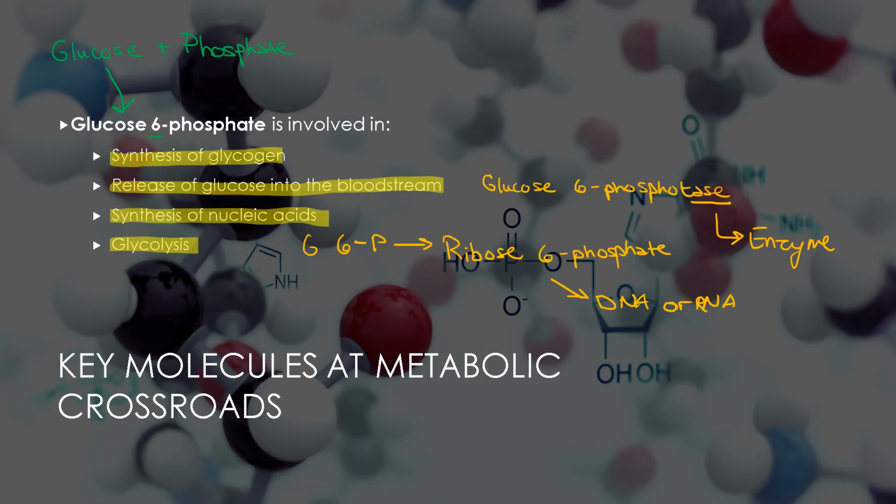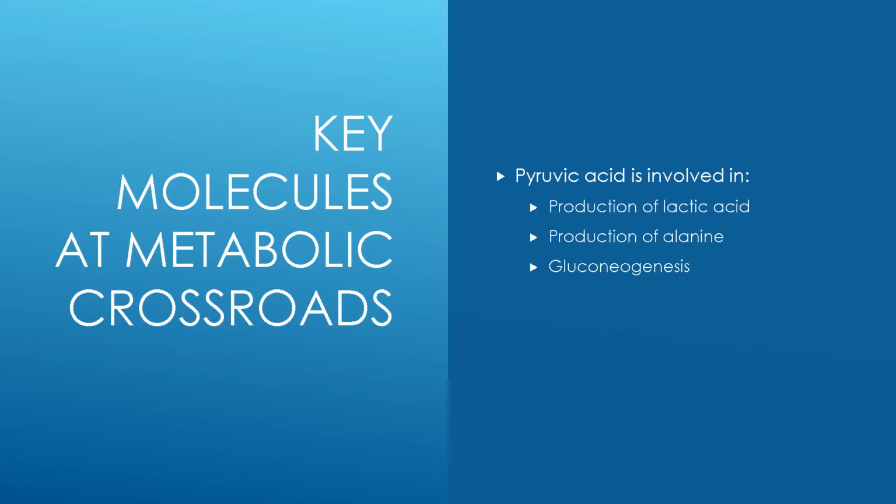If it goes through glycolysis, there's some ATP that's created, about 2 ATP. Each 6-carbon molecule of glucose that undergoes glycolysis yields 2 of these 3-carbon molecules of pyruvic acid. We know that because we went over glycolysis earlier.